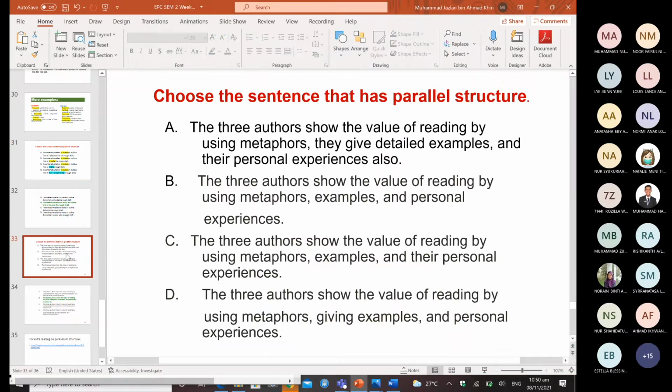Ladies and gentlemen, try this one. Choose the sentence that has a parallel structure.